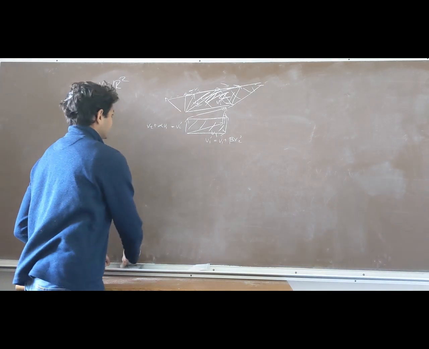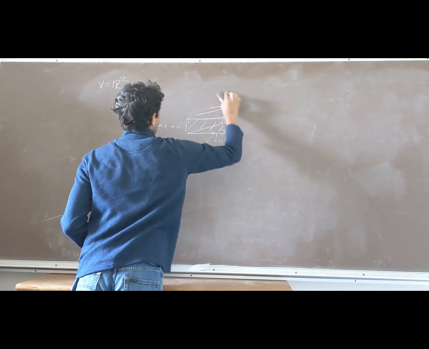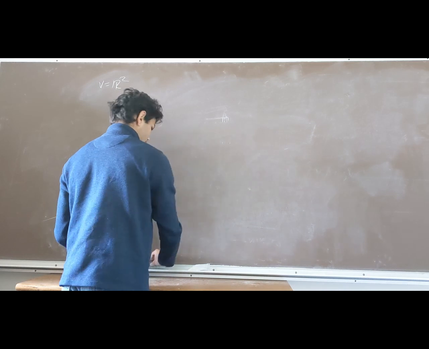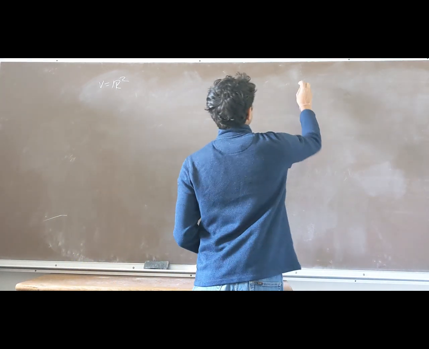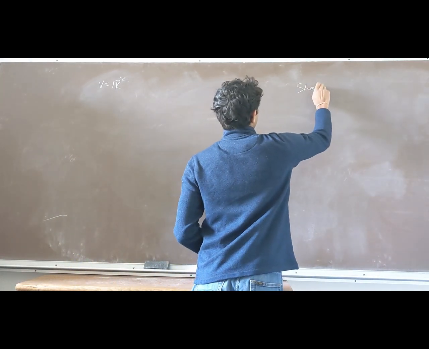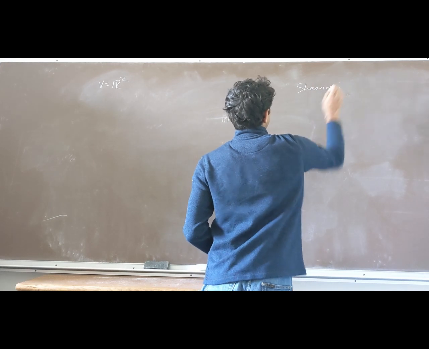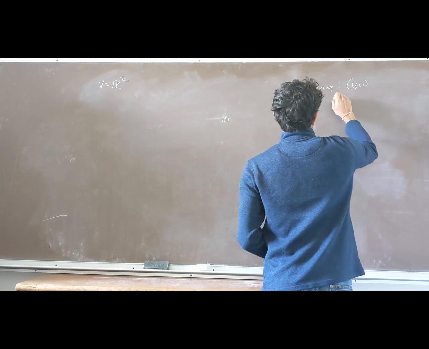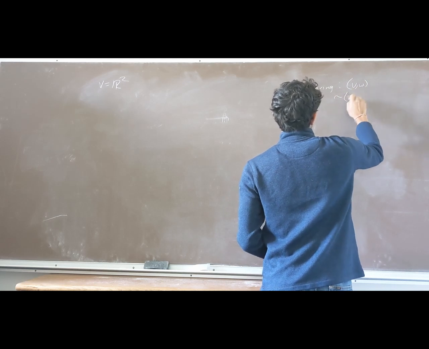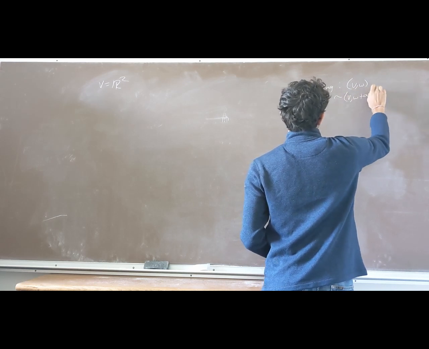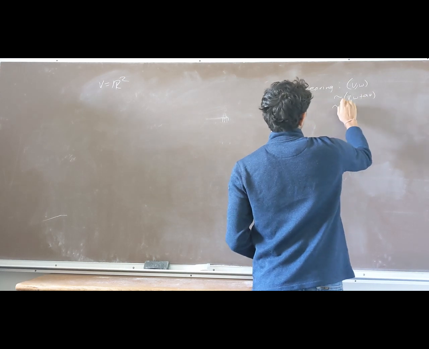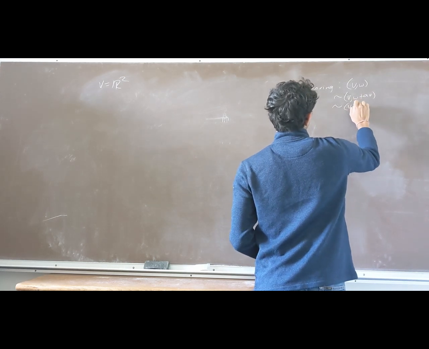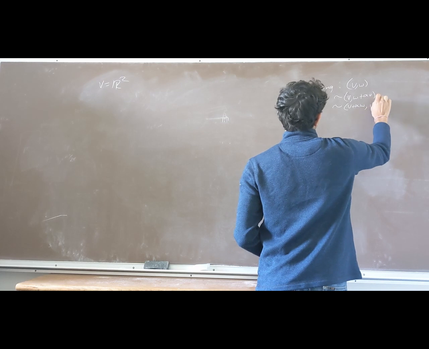Okay, so this composes our first axiom, which I will call the shearing axiom. This says that if you take any pair of vectors v, w, this is equivalent to v, w plus alpha v, and also equivalent to v plus alpha w, w.